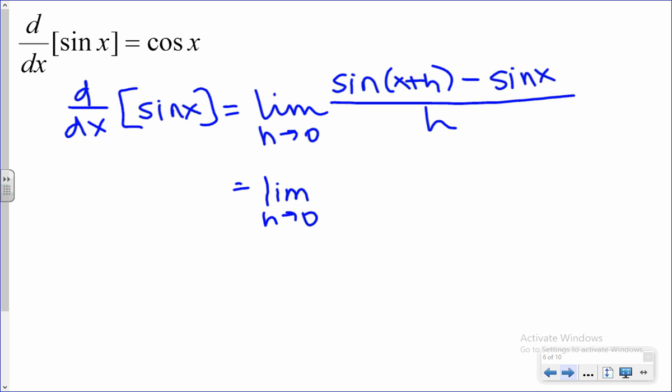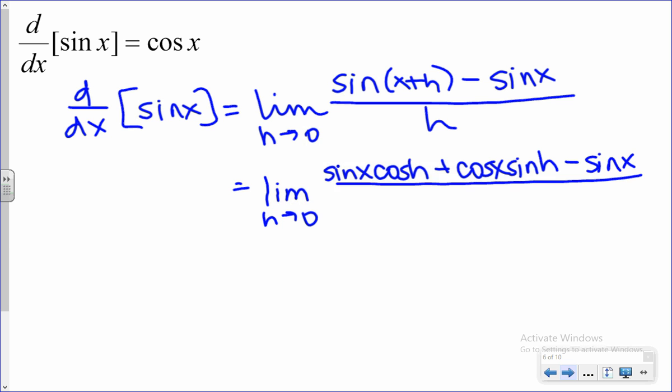So if we use the sine sum formula, we can rewrite it as sine x times cosine h plus cosine x sine h. Okay, so I just rewrote sine of x plus h to this. All right, how could that be helpful? Okay, we don't have anything in common altogether, do we? No, we do not.